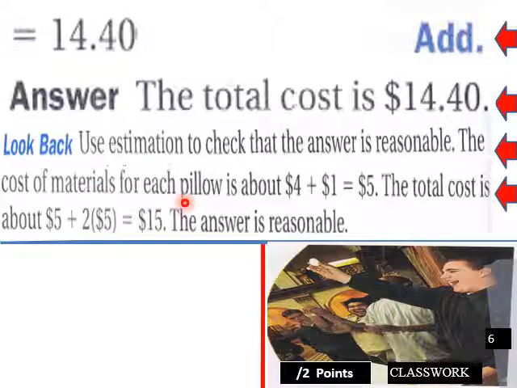The cost of materials for each pillow is about 4 plus 1, so about $5 per pillow. The total cost will be about 5 plus 2 times 5, which equals 15. So the answer does sound reasonable. Using your mental math, you can check to see if this cost sounds reasonable, and it does.